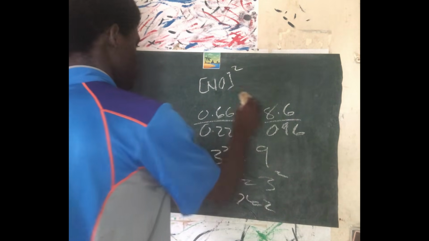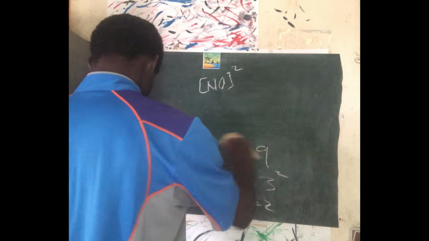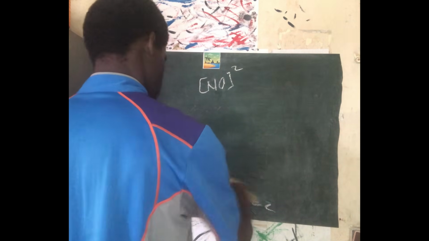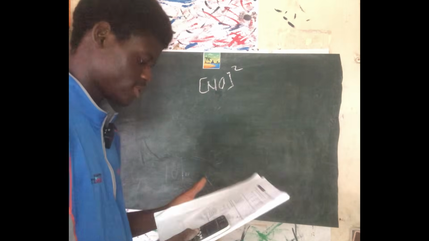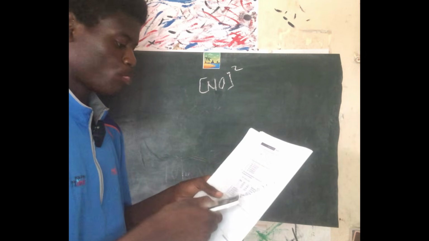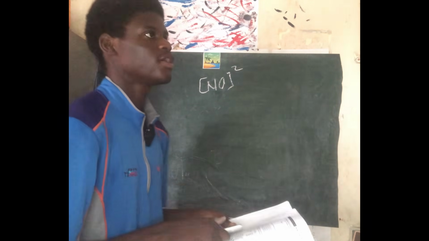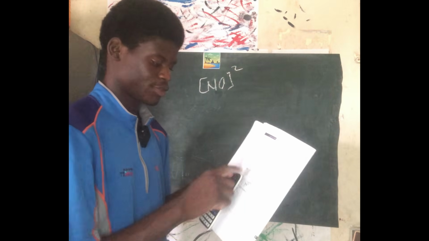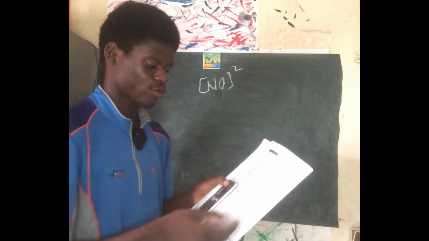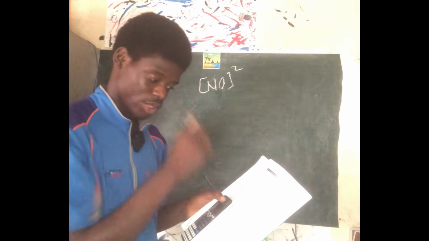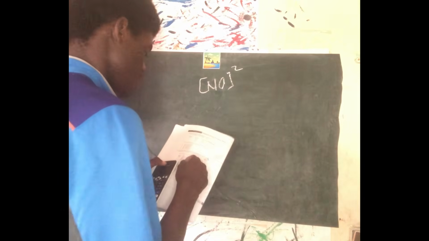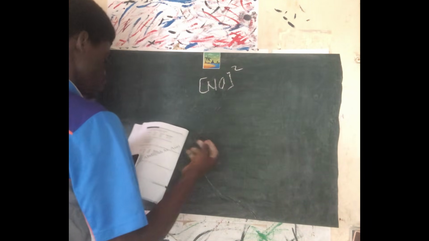Now what's the order of reaction for Cl2? If you look at this experiment now, there's no part where NO is constant, because experiment 1 is 0.22, 0.6, 0.44. There's no part that is constant. So what are we going to do? We'll just take another, let's go to the concentration of Cl2.